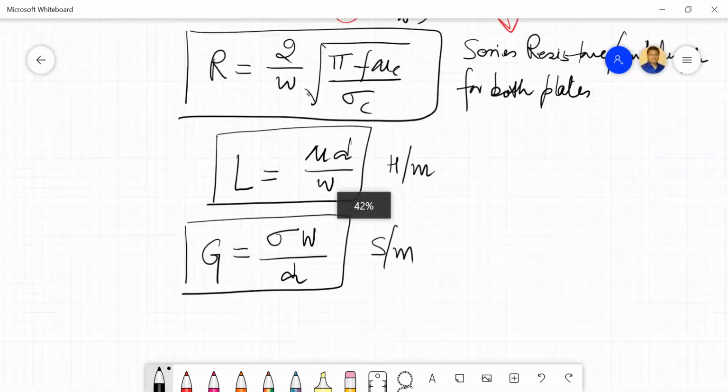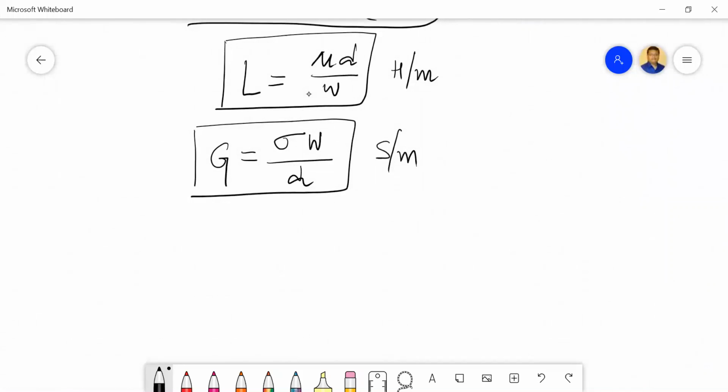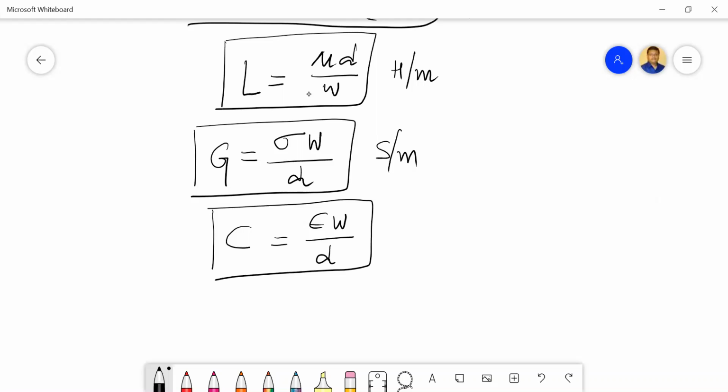And what is next, which is C. C is epsilon W over D, farad per meter.